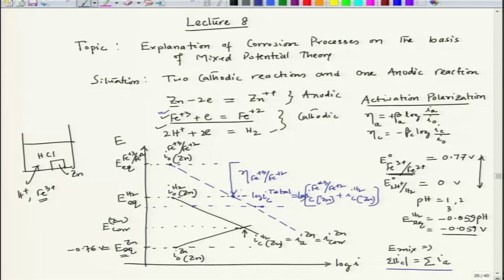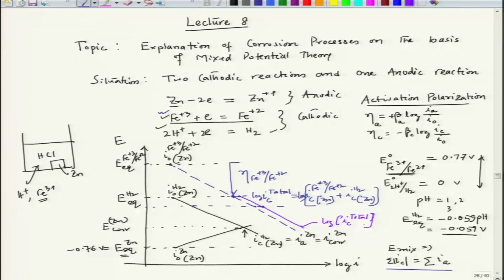So, then we have to draw this line. This is the plot of log of I c total.